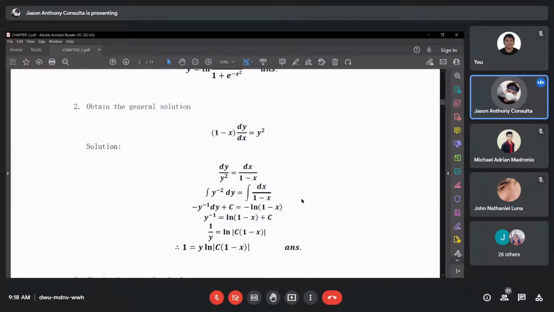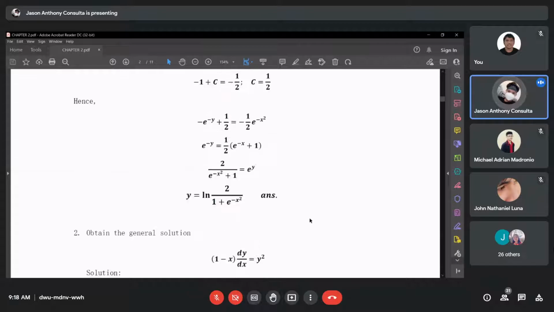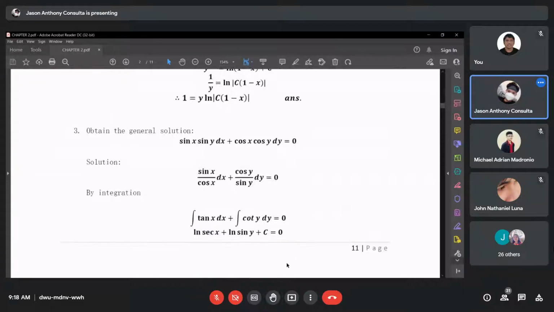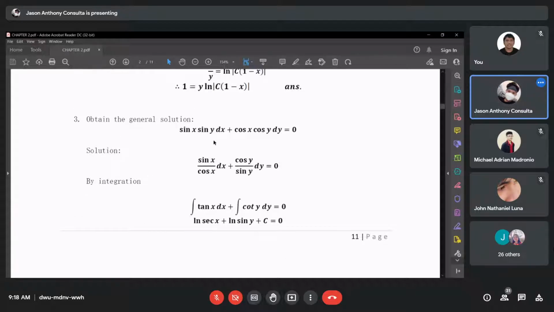Ulitin natin yung step-by-step process. When you are given a differential equation and you are asked to find the general solution, and it is in the form m dx plus n dy is equal to 0, you are going to separate the variables.